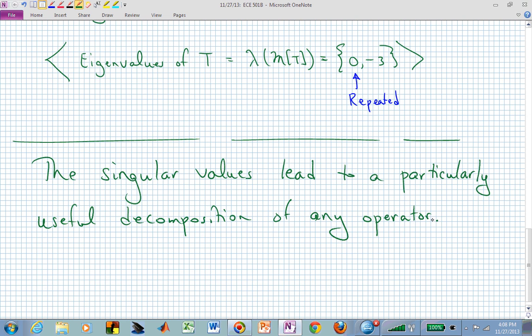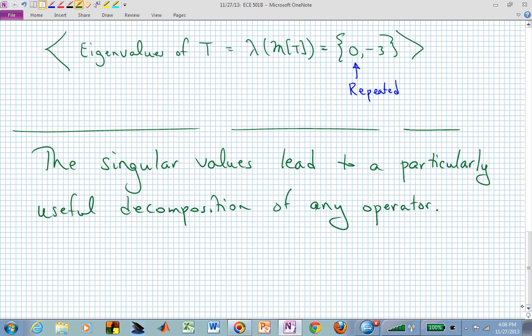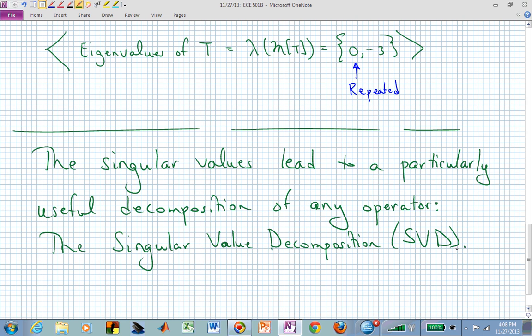And in fact, that particular decomposition is called the singular value decomposition, and a lot of times we will just simply say SVD for the singular value decomposition.